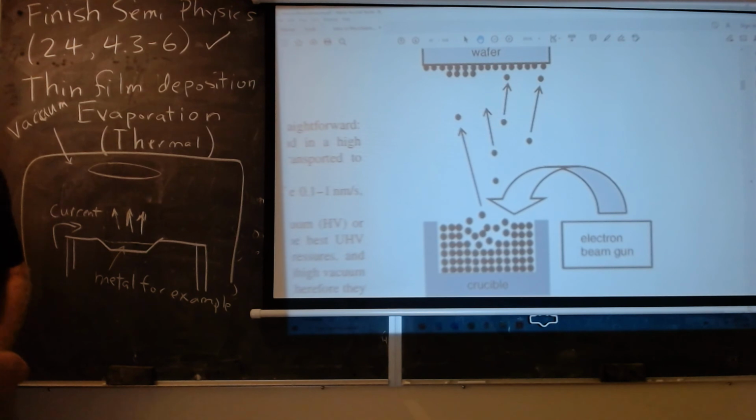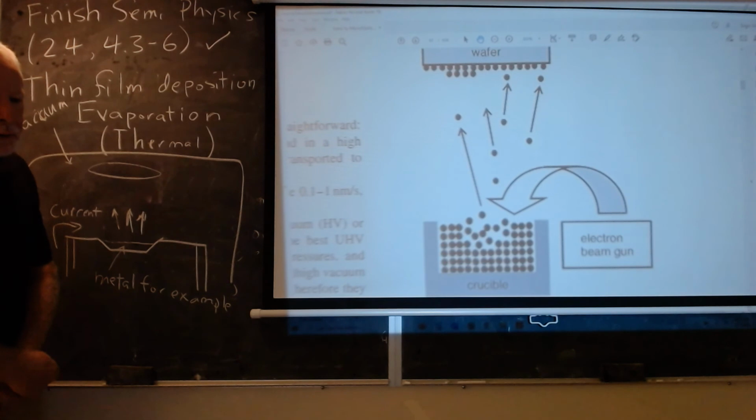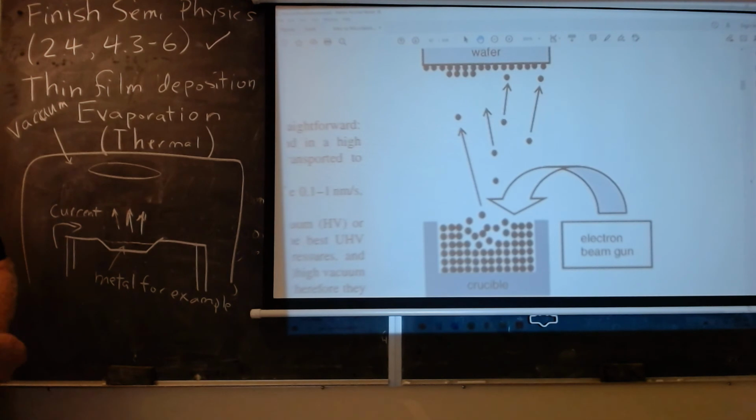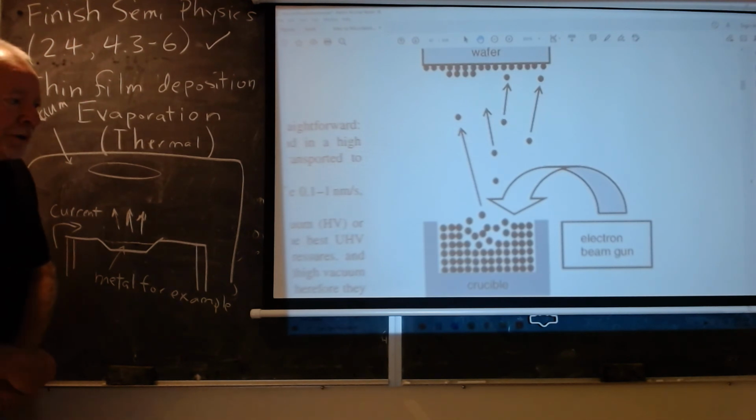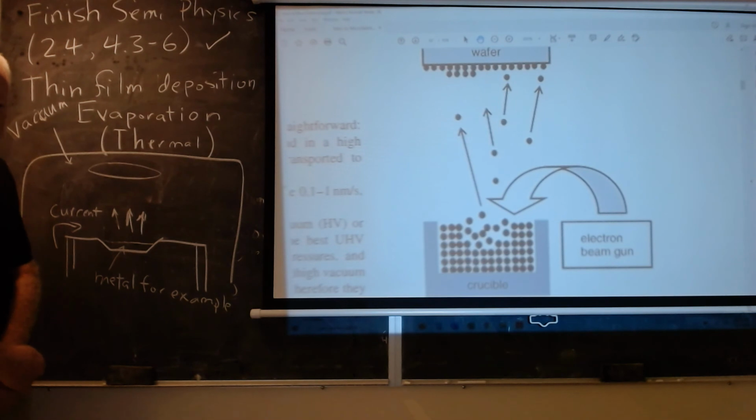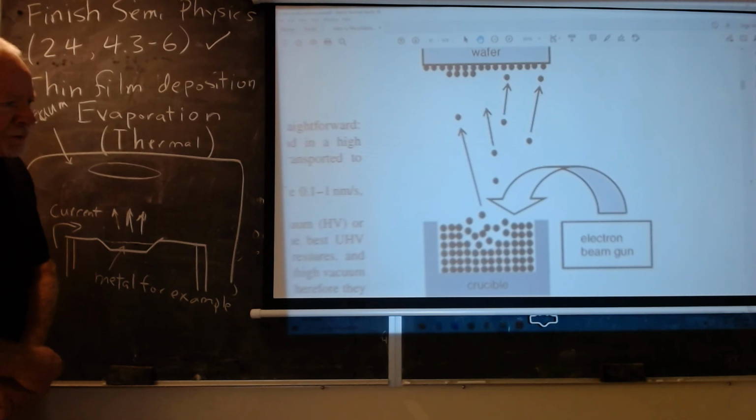This is a good example where semiconductor processing does sometimes resemble cooking in the kitchen, in the sense that different cooks have different ways of doing things that they prefer. For example, as you can see, this textbook is basically teaching, I forget if he even talks about thermal evaporation, using e-beam heating to do physical vapor deposition, evaporation.